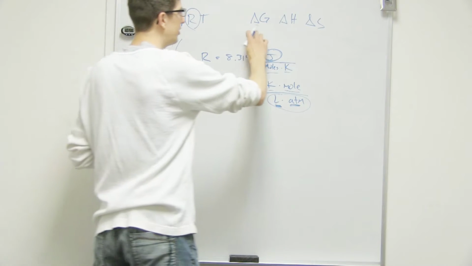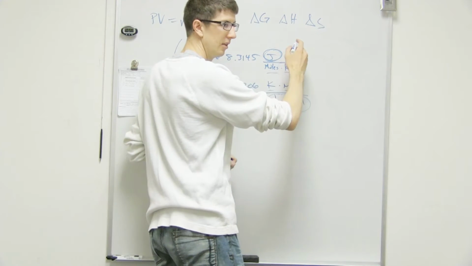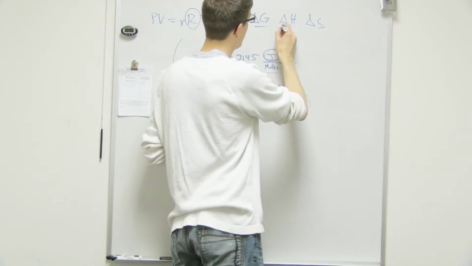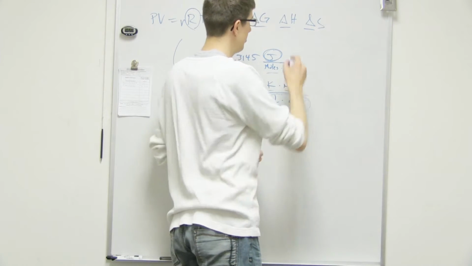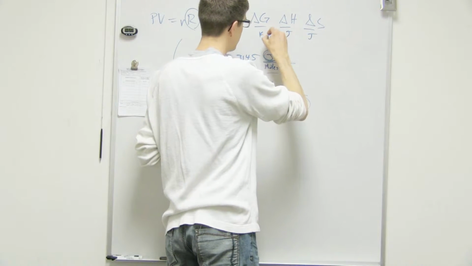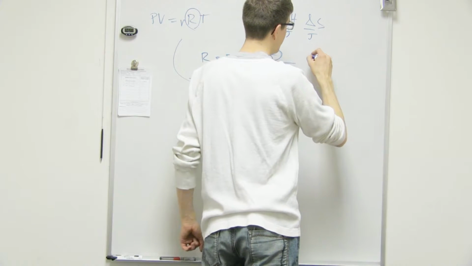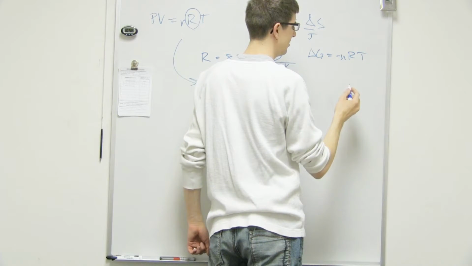When you're dealing with this kind of stuff, enthalpy is heat. What are their units usually? They're always in joules or kilojoules, right? So there's the delta G equals negative nRT. Oh wait, no, it's not that.